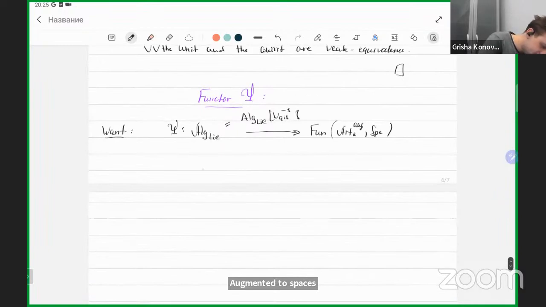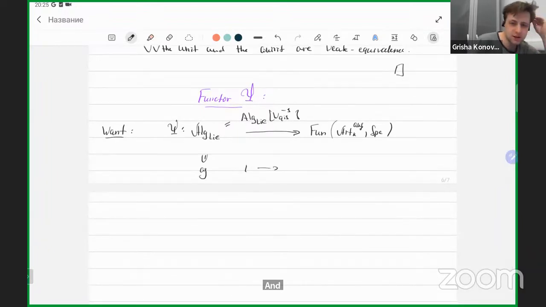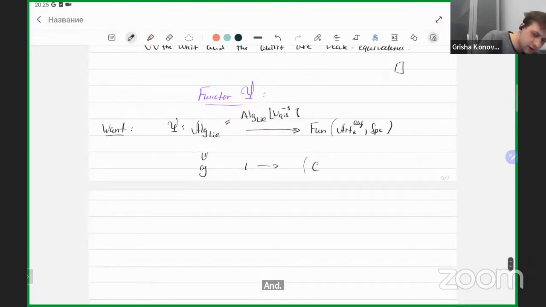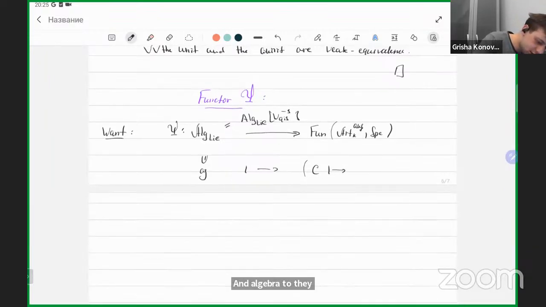And it should send an algebra to the functor that sends again C to the space of Maurer-Cartan elements.